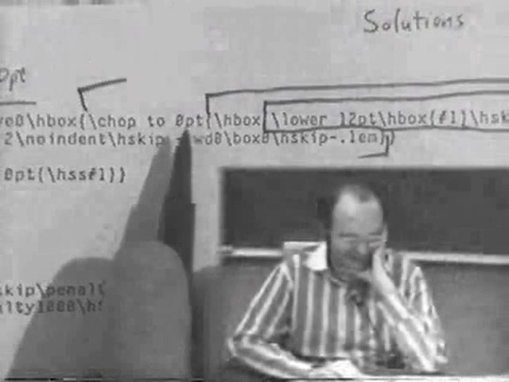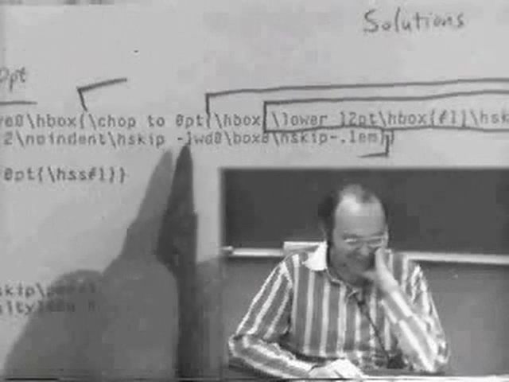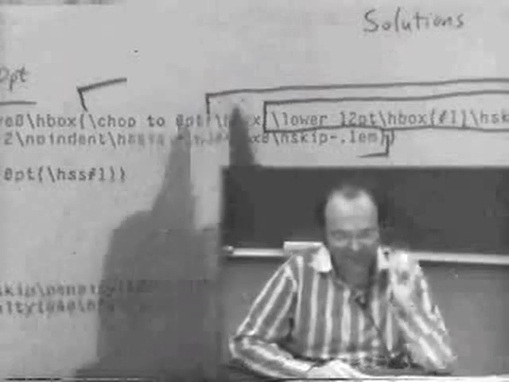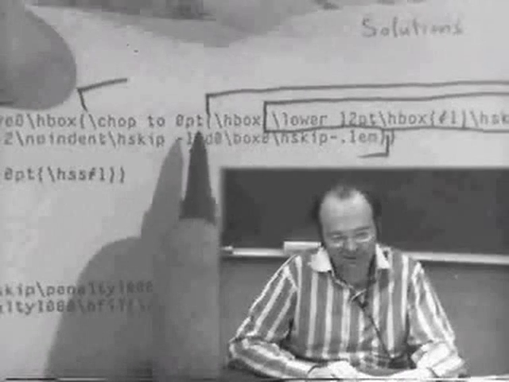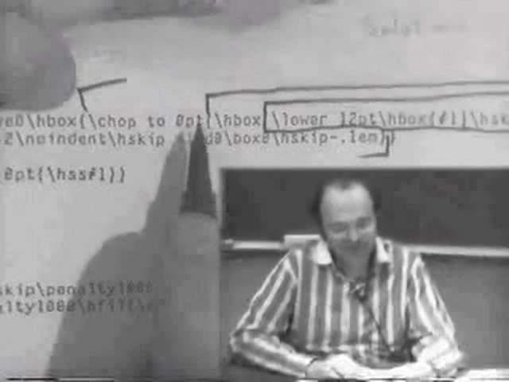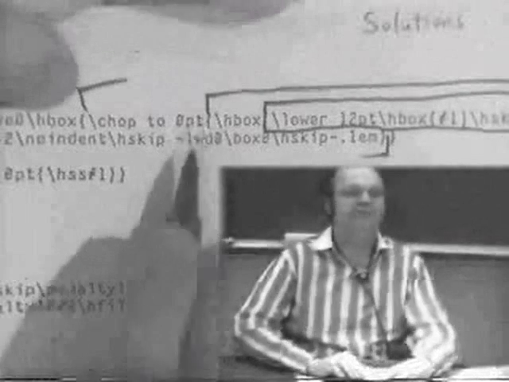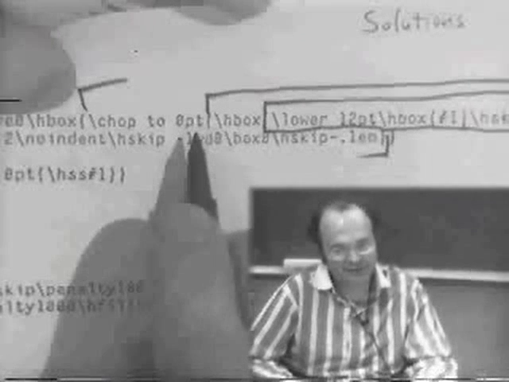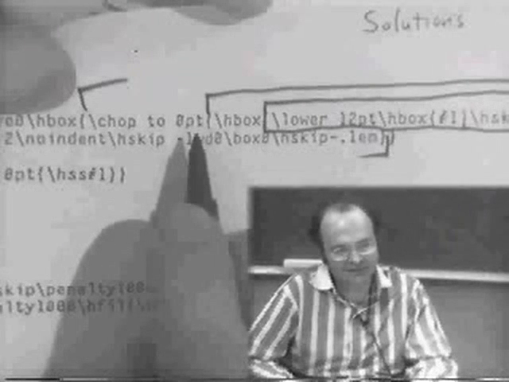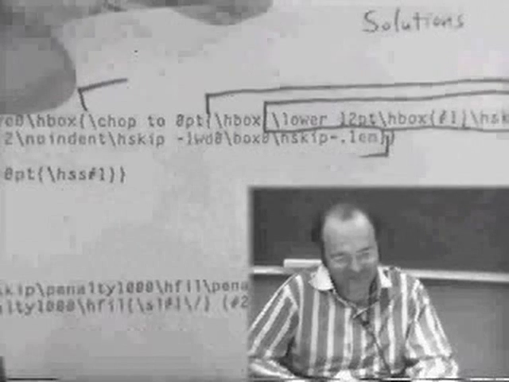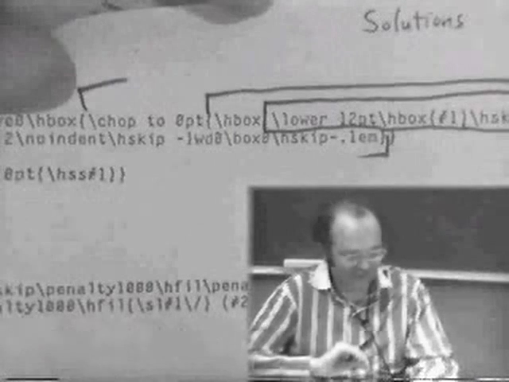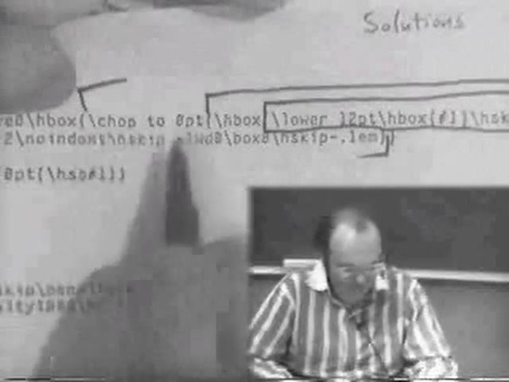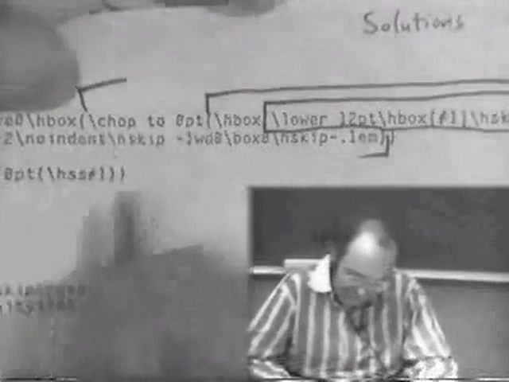Then when we found out we needed things like to talk about the width of a box, and other things, then things like chop became much simpler. Still, if you want a good review of the rules for construction of V boxes and H boxes, take a look at the old chop macro in the TeX manual and see until you understand it, because that uses only a few of TeX's features to obtain the same phenomenon.